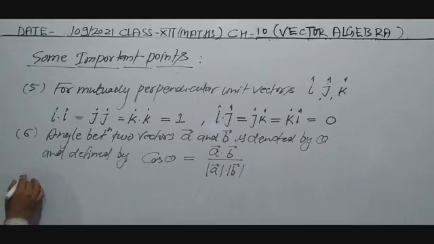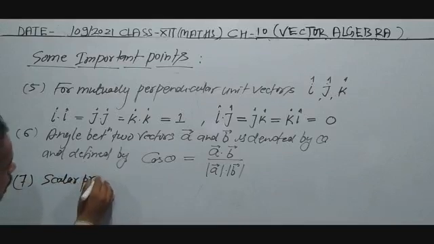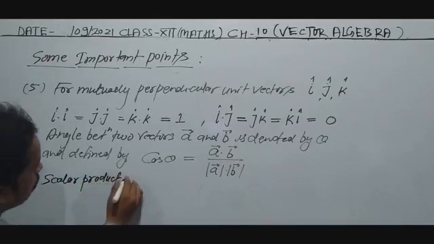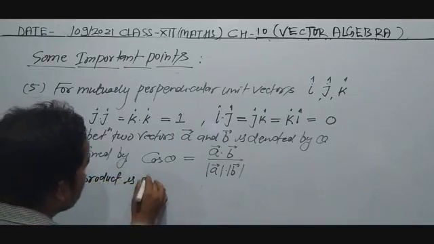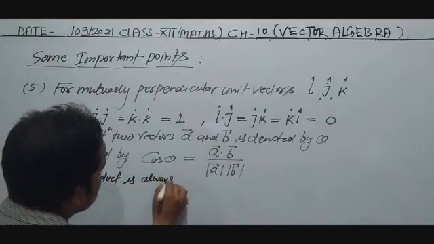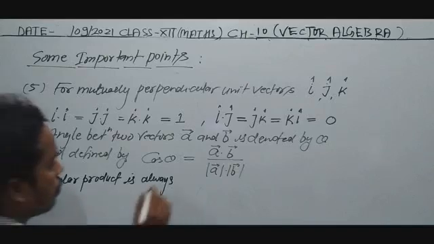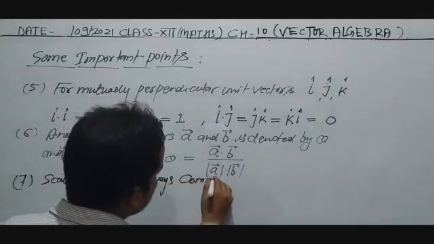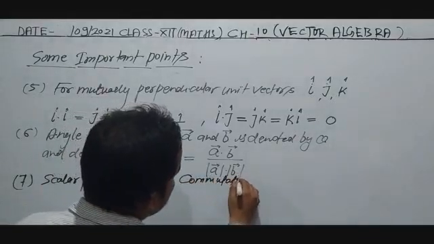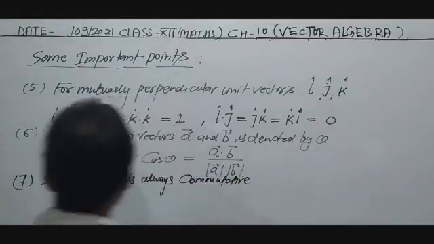Now seventh point is scalar product is always commutative.